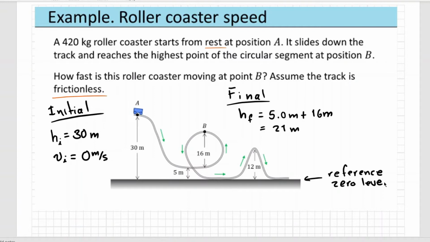So taking the ground as a reference zero level works fine. Now, the velocity at position B is unknown, and actually that's the quantity that we are trying to calculate.